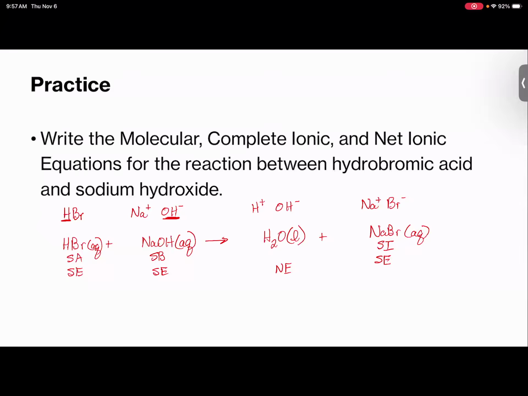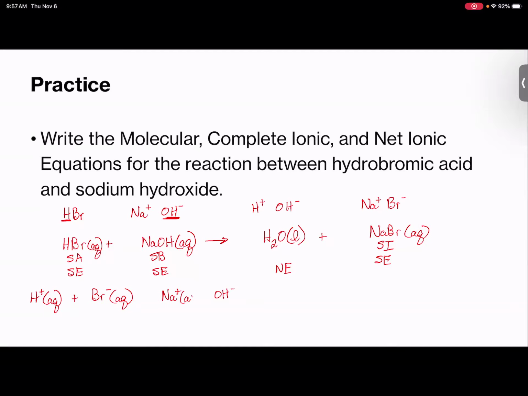So we will be dissociating the hydrobromic acid, the sodium hydroxide, and the sodium bromide as we move from the molecular equation to the complete ionic. The hydrobromic acid dissociates into hydrogen ion and bromide ion. The ions will have the same state of matter as the parent compound. Sodium hydroxide, being a strong electrolyte, is going to dissociate entirely into its ions of sodium ion and hydroxide ion.